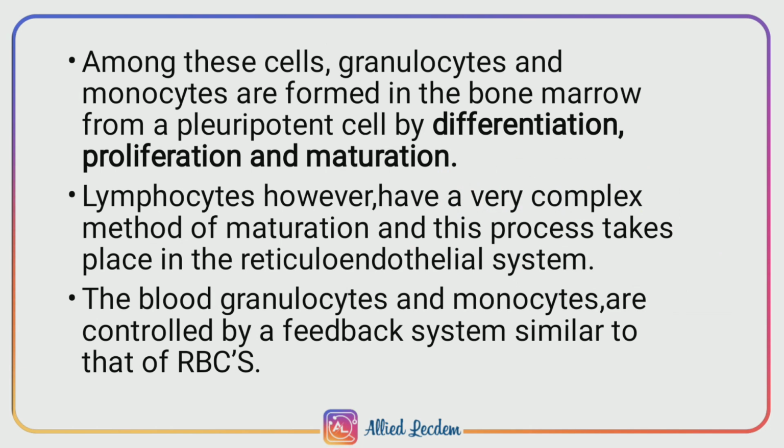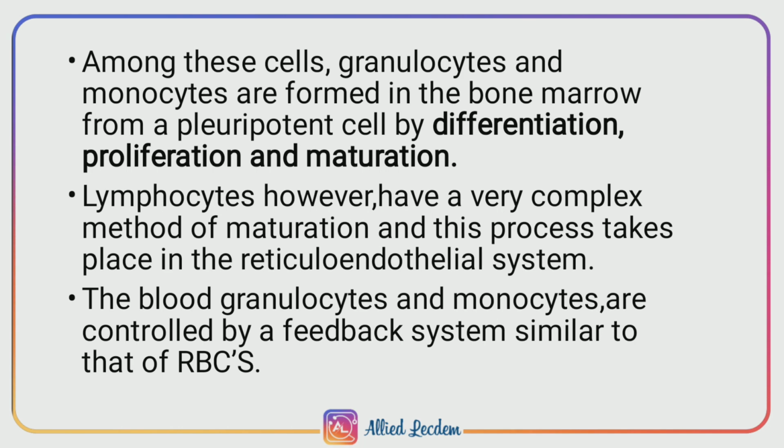Among these 5 types of cells, granulocytes, that is neutrophils, eosinophils, and basophils, along with monocytes, are formed in the bone marrow from a pluripotent stem cell, a cell which is responsible for initiating the development of each and every cell of our body.